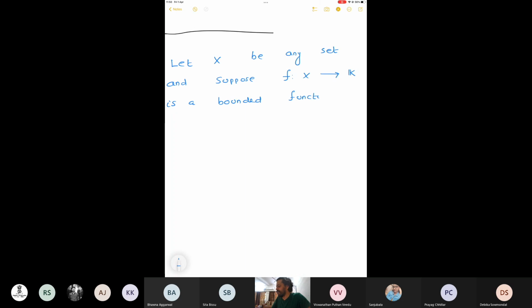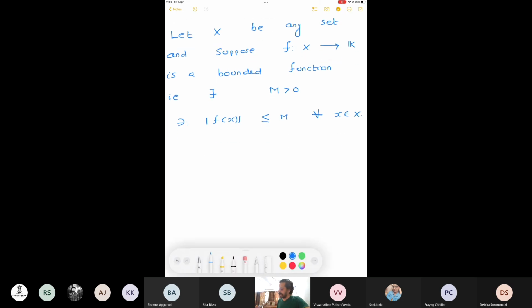You know the meaning of bounded function, that is, there exists a positive constant M such that modulus of f of x is less than or equal to M for all x in X. So this is the definition of bounded function.